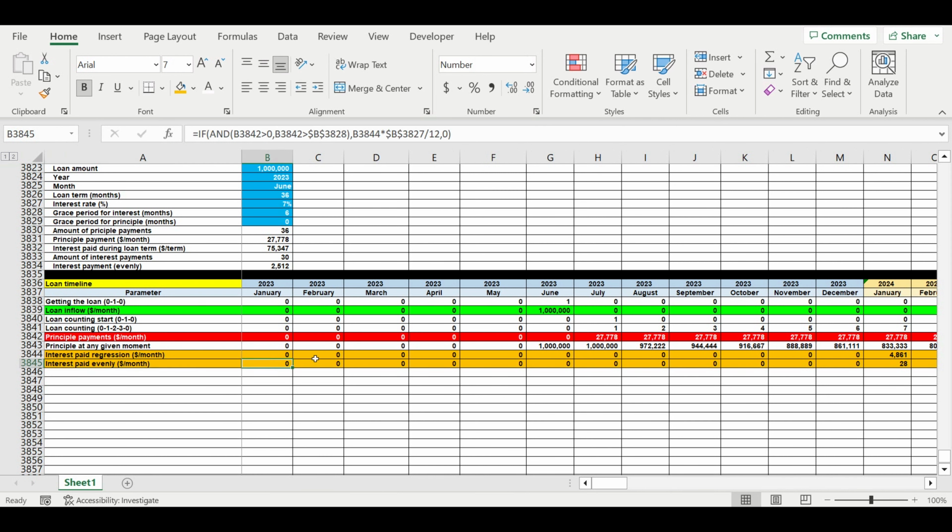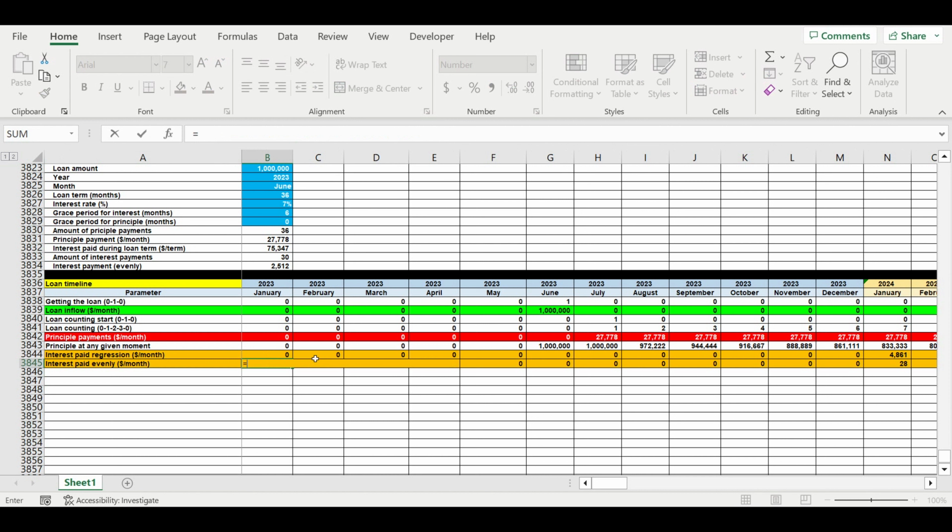So here the formula will be, for example, if this value is more than 0, then I will place this value, otherwise 0.